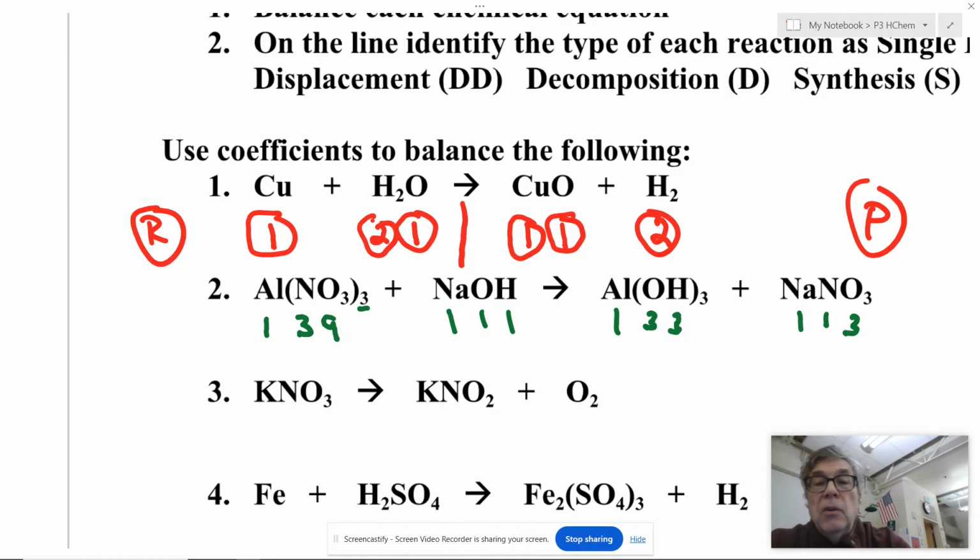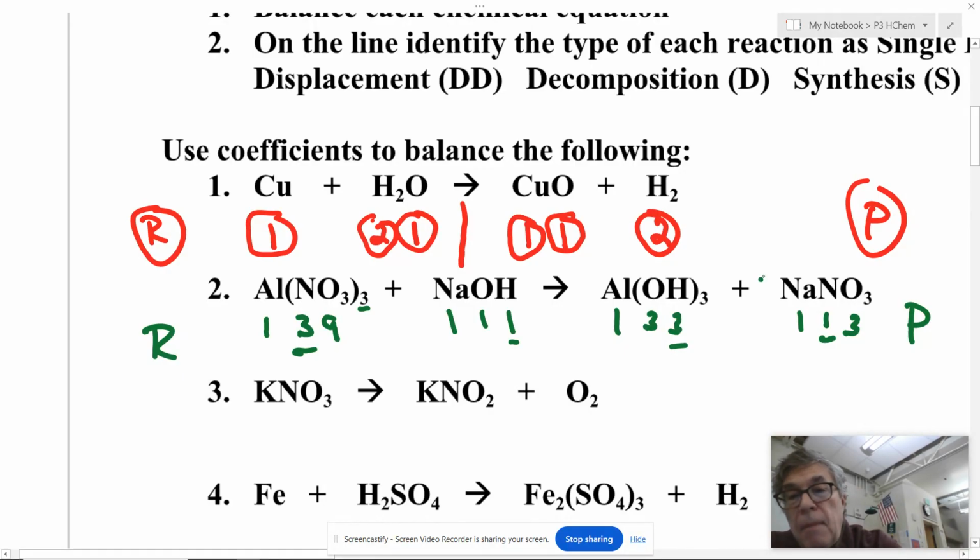Okay, so let's look at what we don't have balanced. We don't have the nitrogens balanced at all, and we don't have the hydrogens balanced at all. Let's work on those. So to get more nitrogens on the product side of the equation, I'm going to add a coefficient to balance the nitrogen.